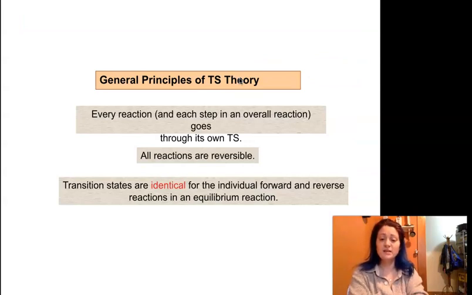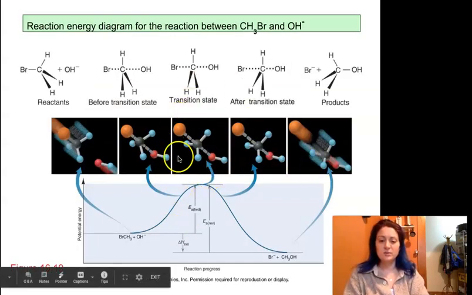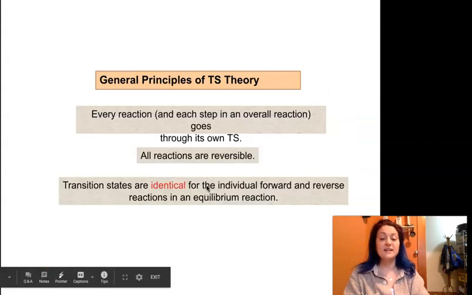All right, and lastly, transition states are considered to be identical for the forward and reverse directions. So, if we were looking at this reaction here, this transition state with the partial bromine, partial hydroxyl bond would be the transition state for the reverse reaction as well. That's not to say that these reactions will happen at the same rate.